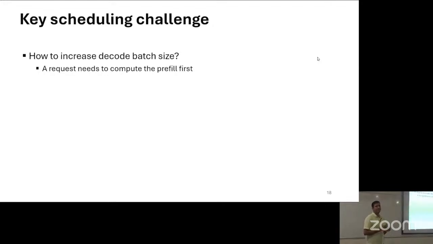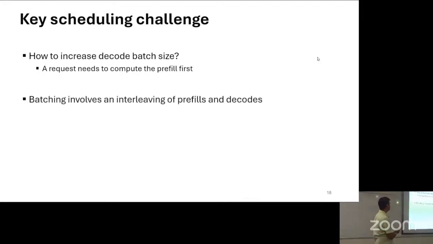So between two tokens, if you have a new prefill coming in, then the inter-token TBT latency can become very high. So when we want to serve multiple users on the system, we have to somehow interleave these prefills and decodes, because without doing prefill, I cannot service a user.